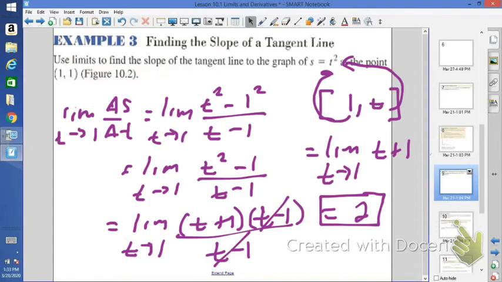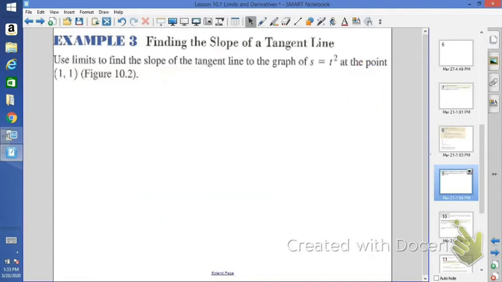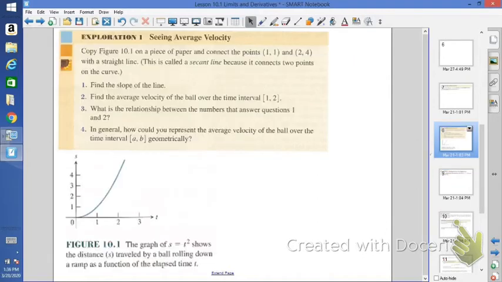Let's go back and confirm that. Alright, so here's the point (1, 1). If I draw the tangent line, it's a little too steep.